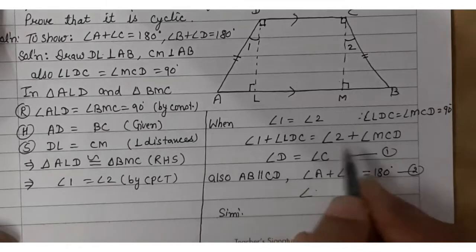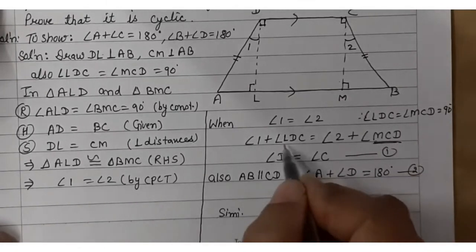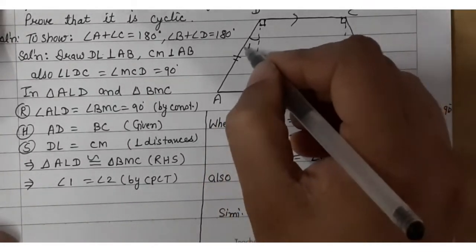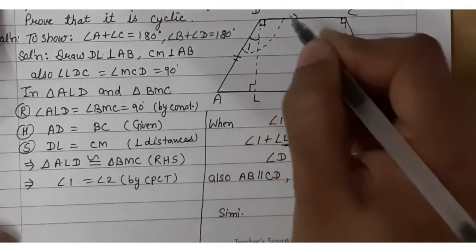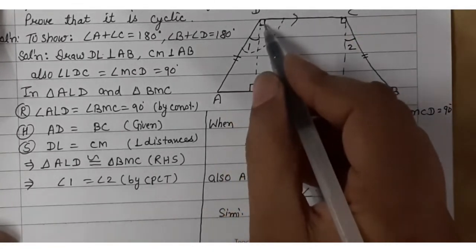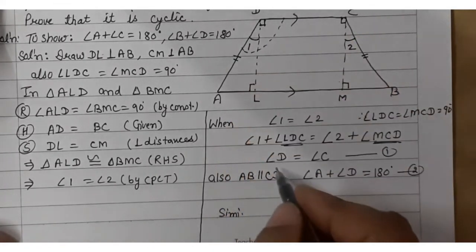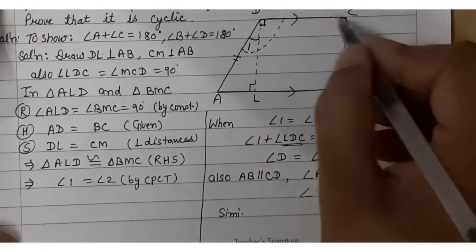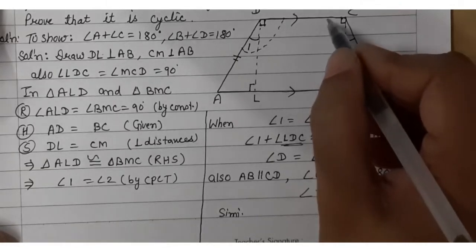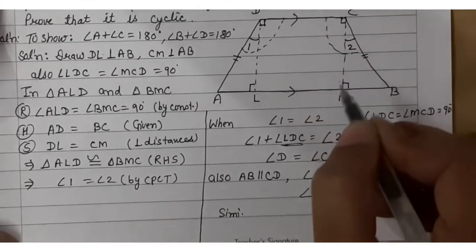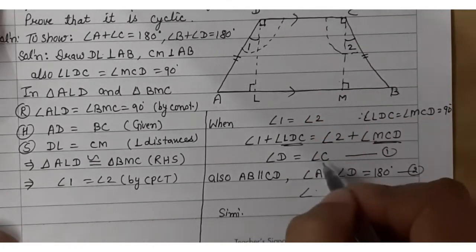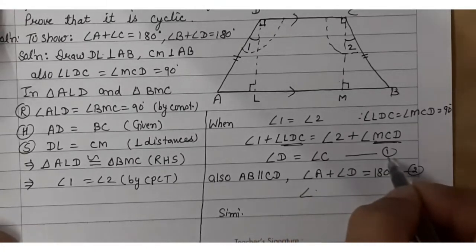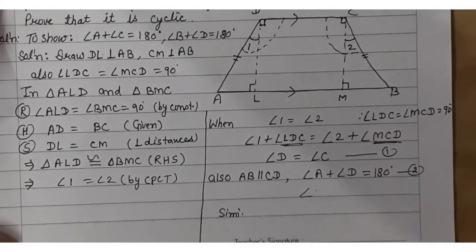One side is LDC, one side is MCD, because these both are equal. Angle 1 plus angle LDC, this is angle D. And angle 2 plus angle MCD, this is full angle C. So this is our first result, angle D equal to angle C.